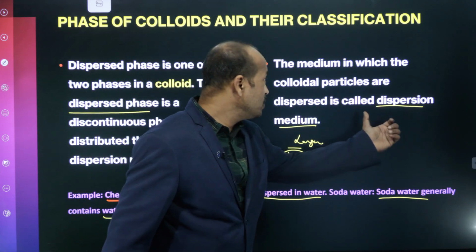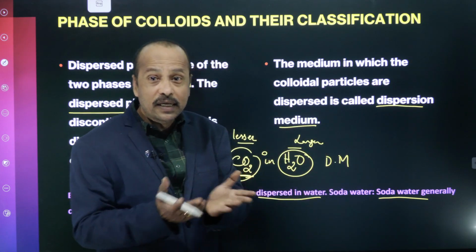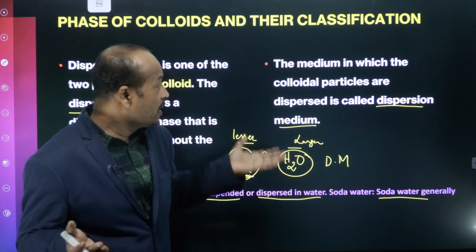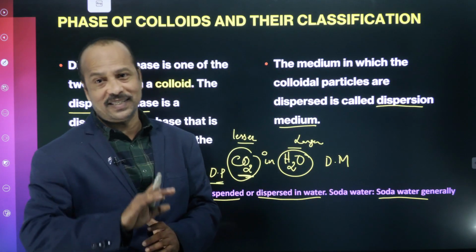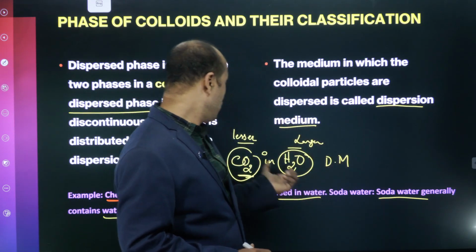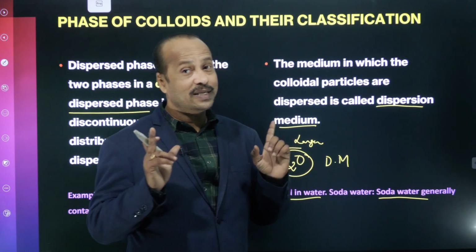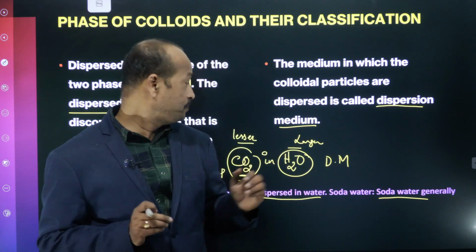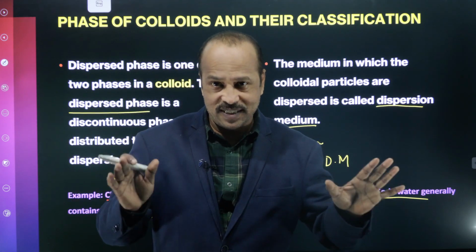Now, what is the dispersion medium? The medium in which the colloidal particles are dispersed, which is more in quantity, in which the colloidal particles are mixed or dispersed. That is called the dispersion medium. For example, take carbon dioxide in water. Water is called the dispersion medium, and carbon dioxide is called the dispersed phase.